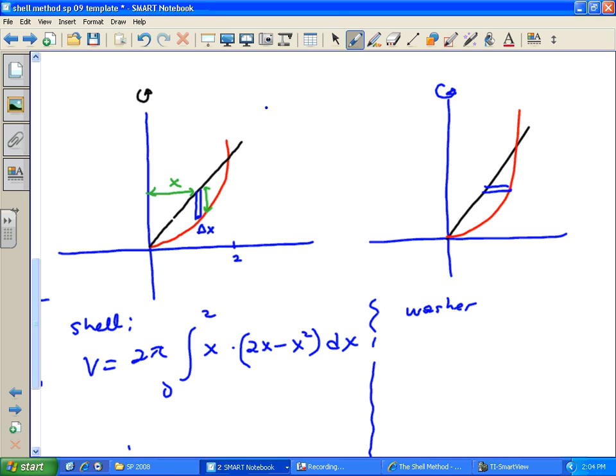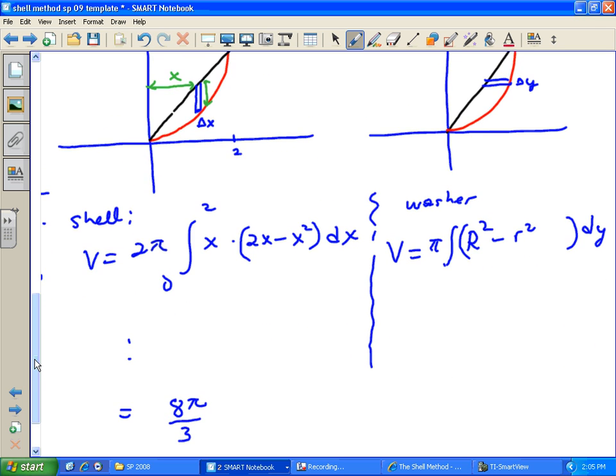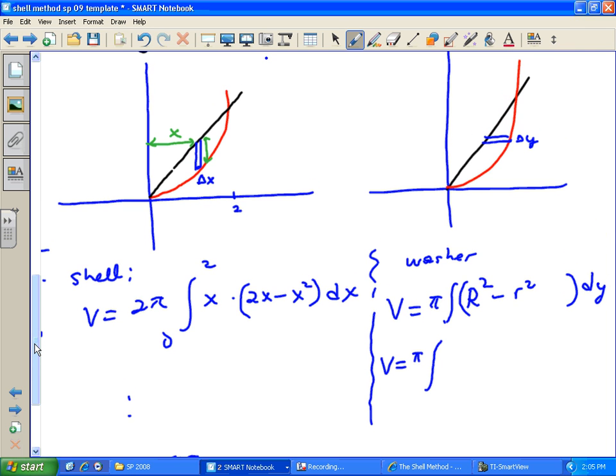With the washer method, we know the thickness is delta y. I can set up a generic integral here: pi times big R squared minus little r squared dy. So I need to know my big R, the outer radius.